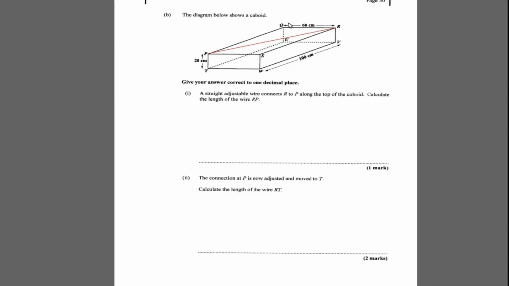Now we know that PQ is what? So you can't just add QR and PQ and get RP, because that is longer than PR. You have one piece of wire, you can bend it and twist it, but the correct length is when you hold it out straight. So PQ, which you know is 100.